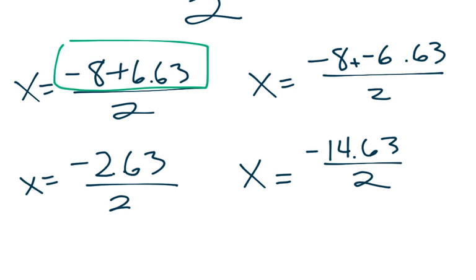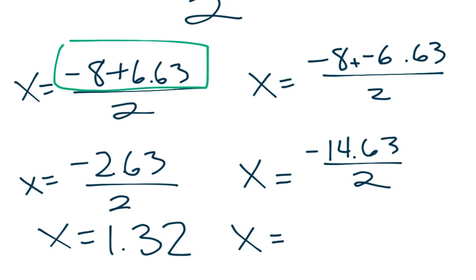So 2.63 divided by 2 is 1.315. So we have x equals 1.3, and we're going to round up to 2, or x equals negative 14.63 divided by 2, and that is going to be 7.315.